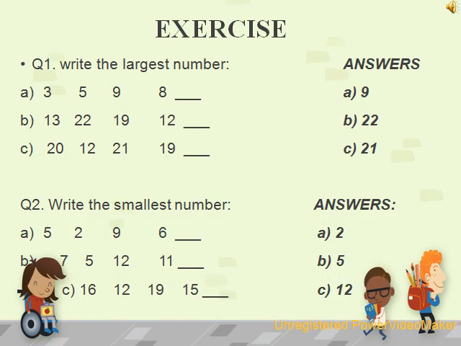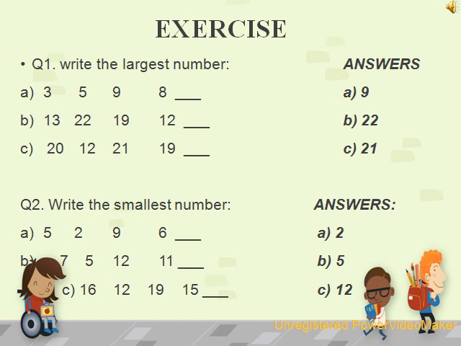Here is the numeral exercise based on largest and smallest number. Question 1. Write the largest number. Students, in the box or the blank given, we will write the largest number.